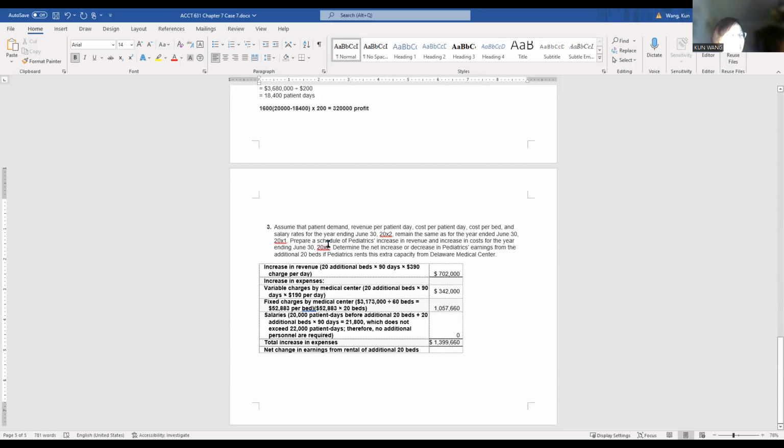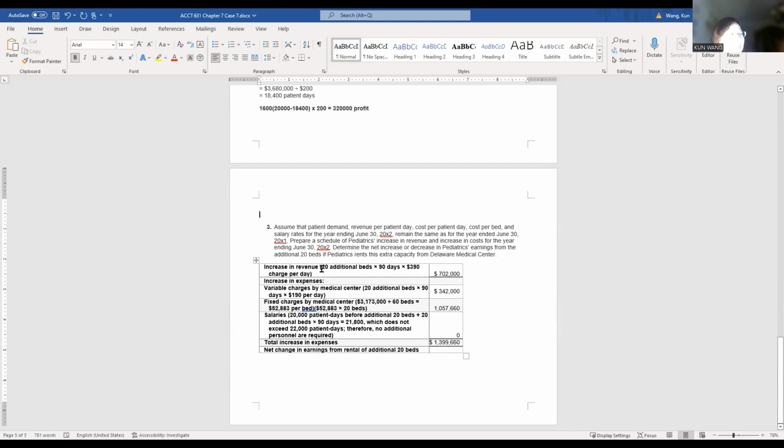They have a proposal, right? So think about, okay, I want to increase the capacity because in the first 3 months, like 90 days, we can use more beds because we have more patient requests.